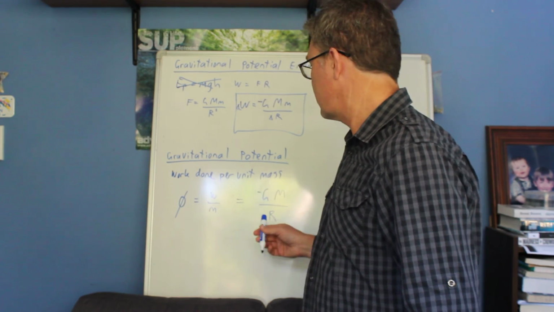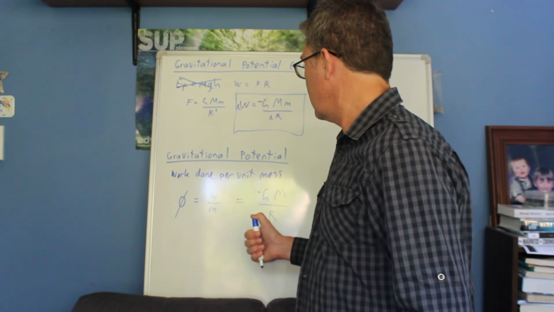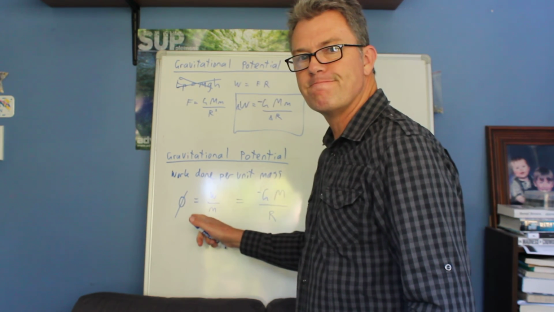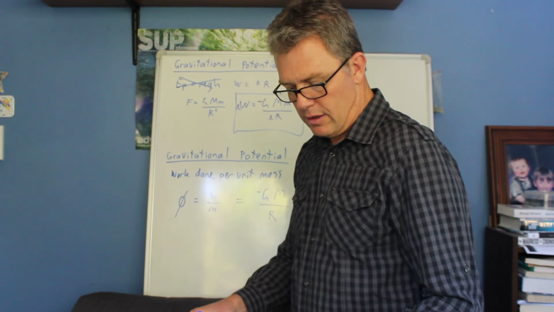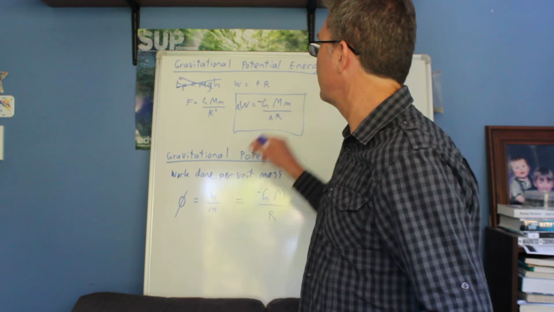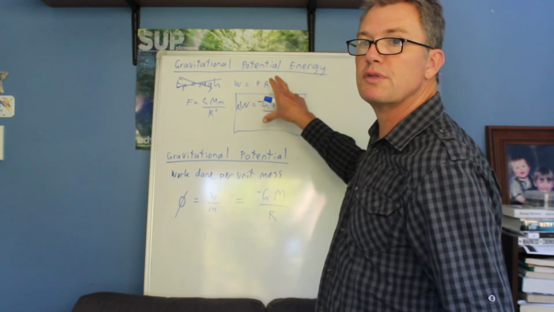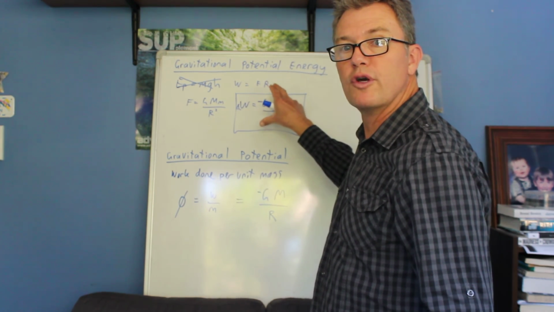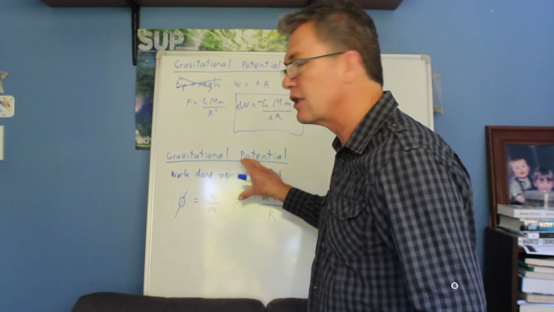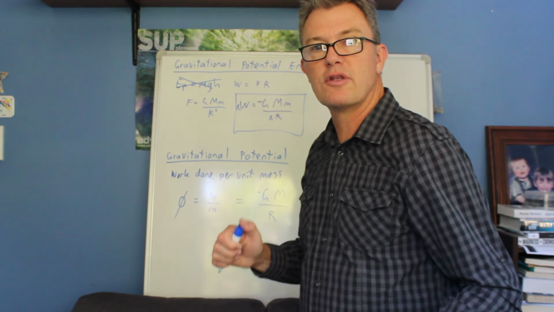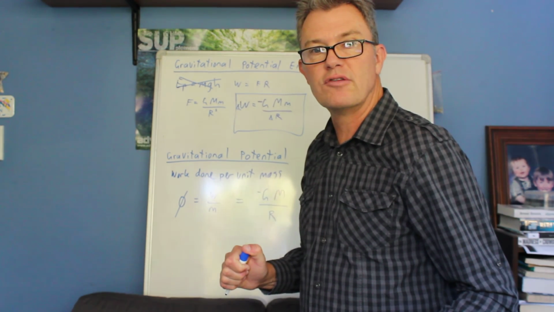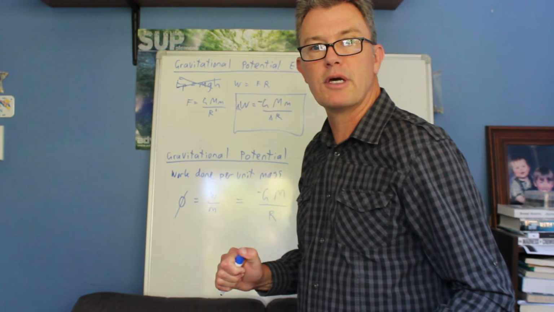So in a sense it's similar to G. Okay, you need to have some understanding of both the gravitational potential energy, which is equivalent to work done, and gravitational potential. So it's in the book. It makes sense if you look at it for a while and think hard about it. Okay.